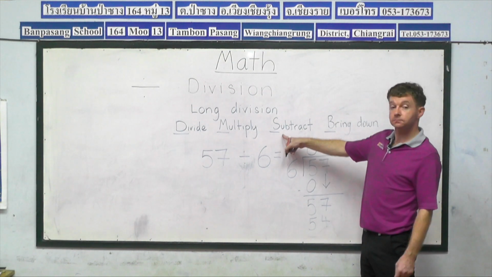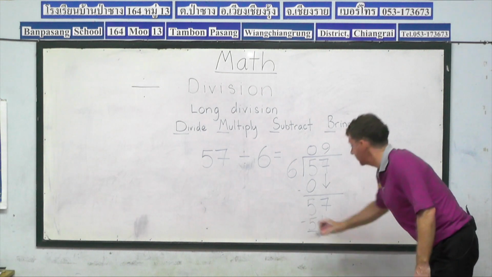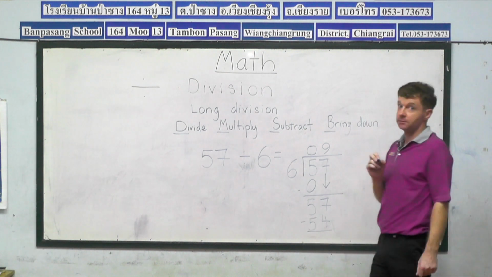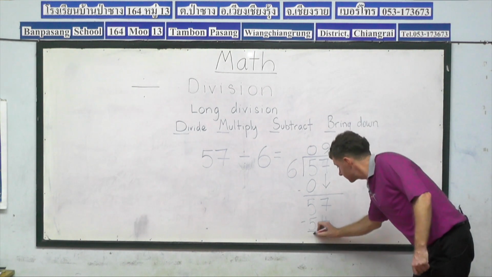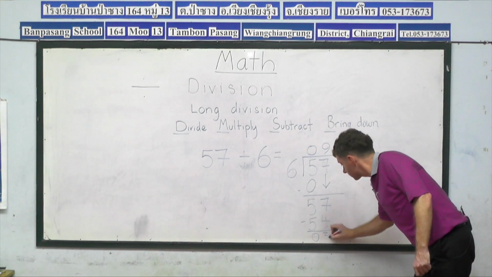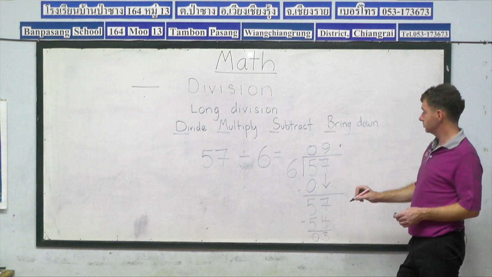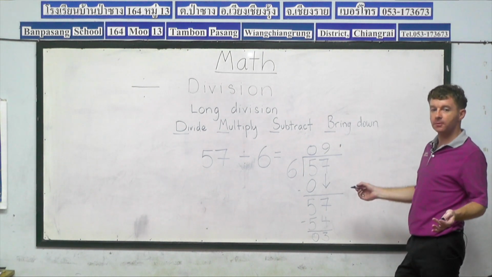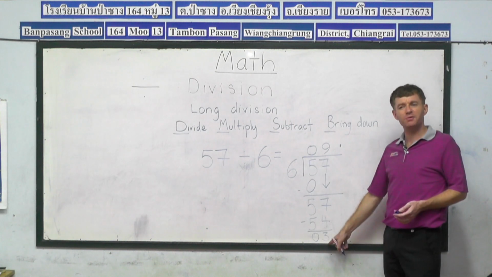Next, subtract 57 minus 54 equals 3. So 0, 3. Now we need to bring down. But there's no more numbers to bring down. But we're not yet at 0. We have 3 left over.